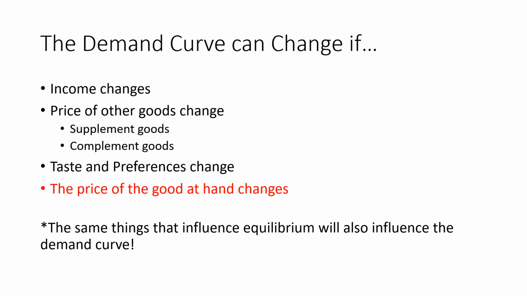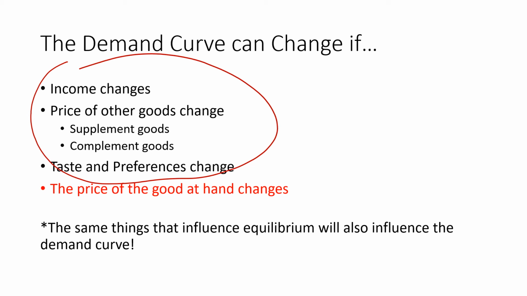Okay, finally, a demand curve can change. All of the ones that we've talked about thus far have been outside factors that have nothing to do with the good at hand. In this last example, we're going to talk about what happens if the price of the good at hand changes.